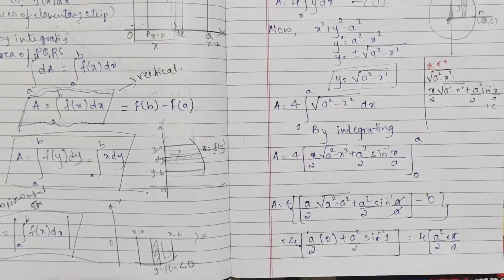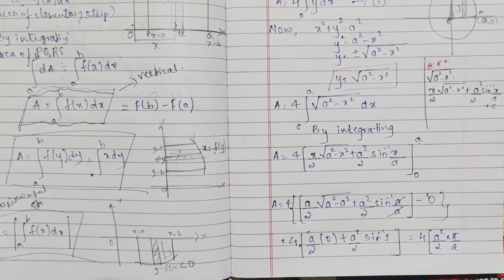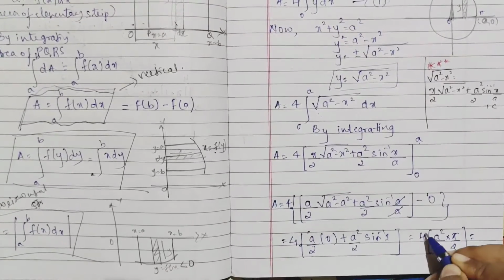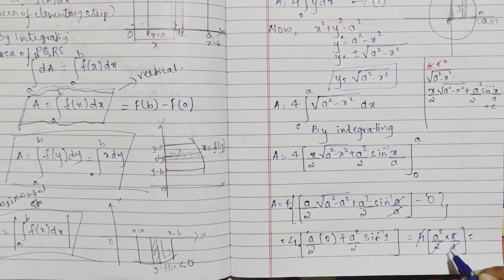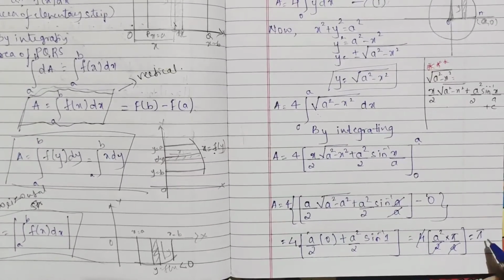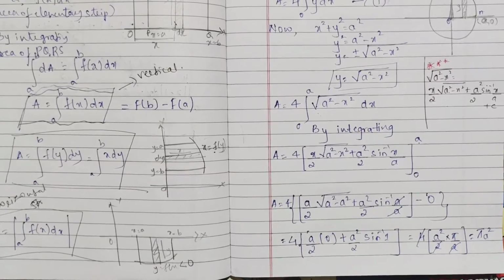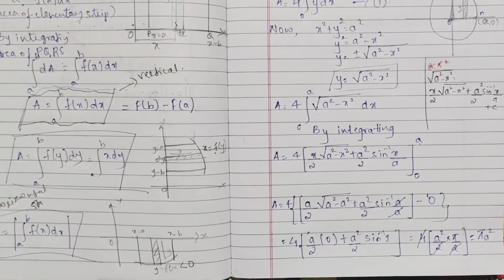Sine 90 is 1, so sine inverse 1 will be 90 degrees. So you get 4 times 2 2s, and 2 2s are 4 only. So you have pi a square. So the area you are getting is pi a square.